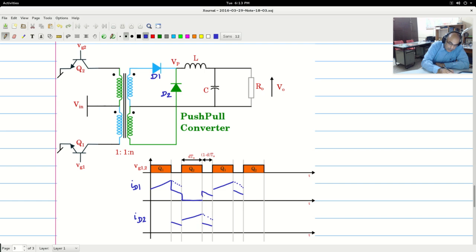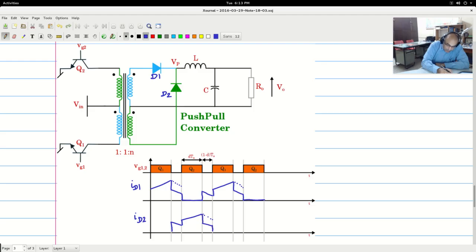So you will see on the scope a pattern of the diode current which is like this, and likewise for the other diode too.